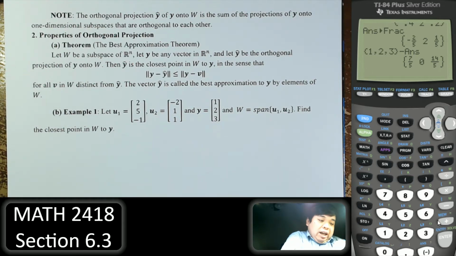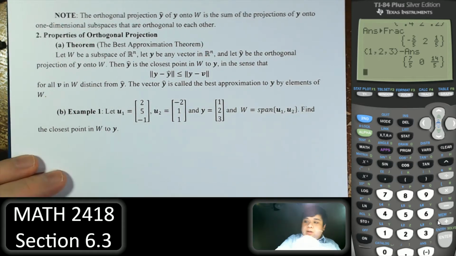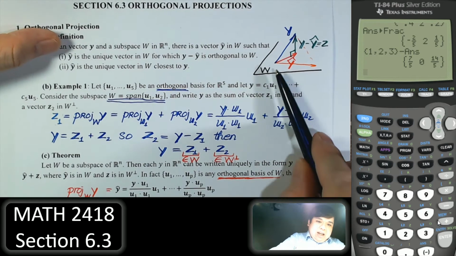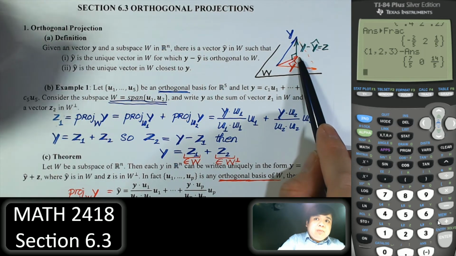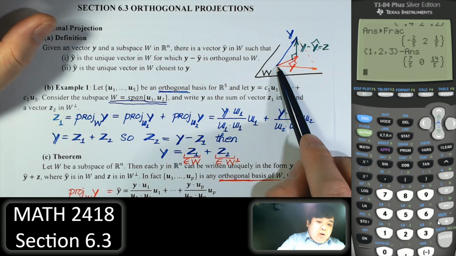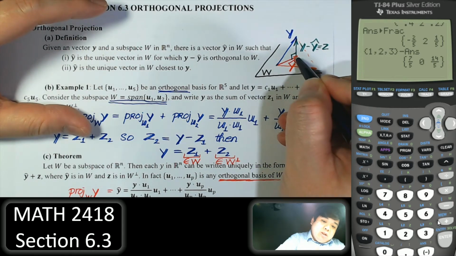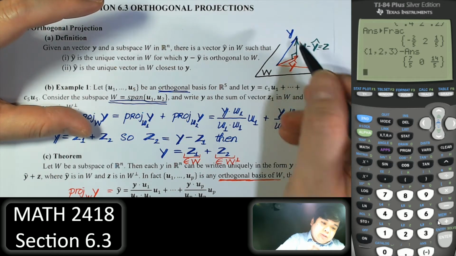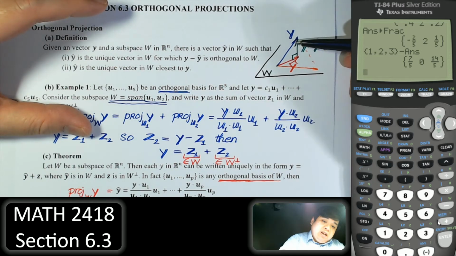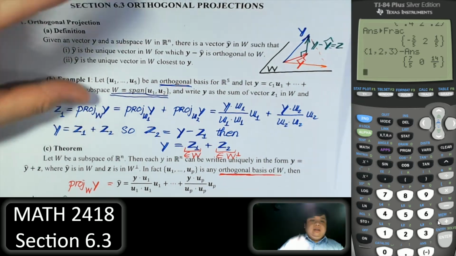Now, what we can get from that is we can find the closest point, because we know how to find the projection of y onto W now. But that orthogonal projection has a lot of meaning. First of all, that will give us the closest point from y to W. And if we want to find the distance, we just need to find the length of z, or the length of y minus y hat.